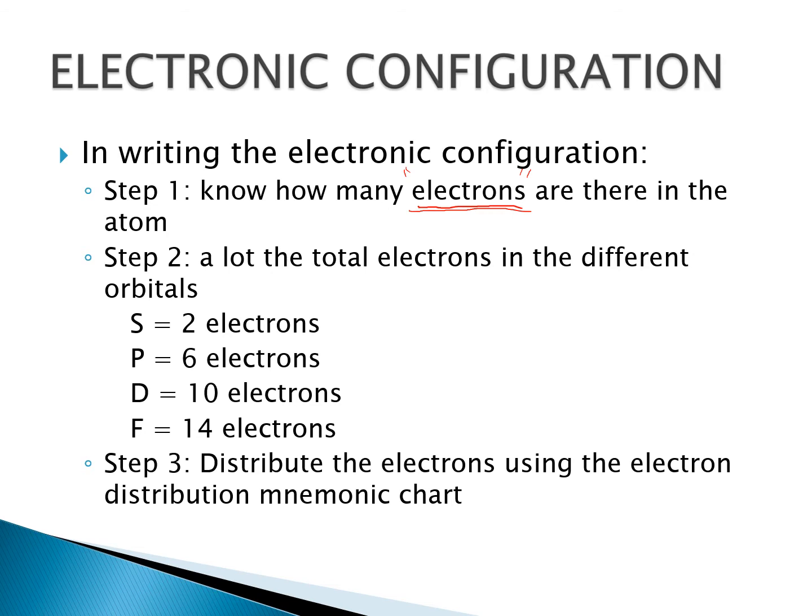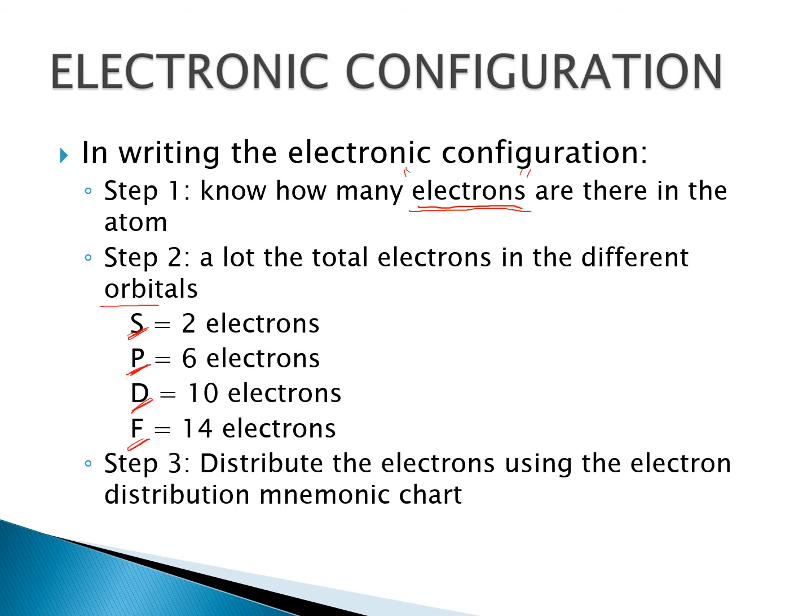Now, in step number 2, I want you to take note that each orbital can only contain a specific number of electrons. So what are these orbitals that we are talking about? The orbitals that we are talking about here are the S orbital, the P orbital, the D orbital, and the F orbital.